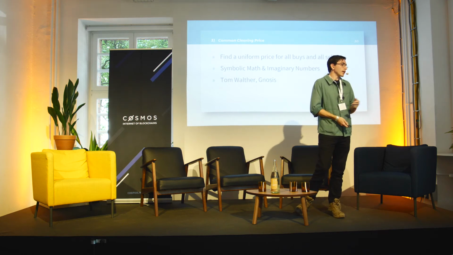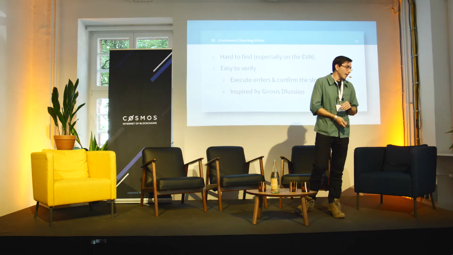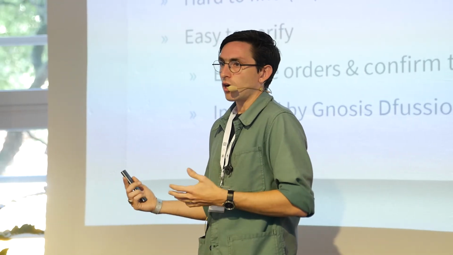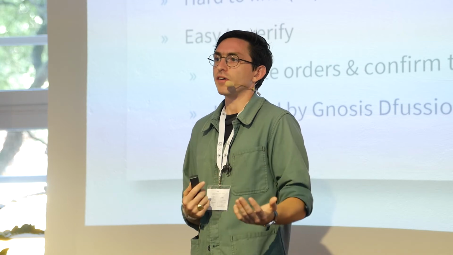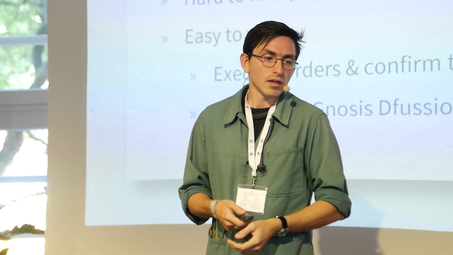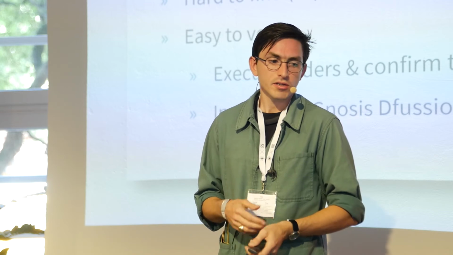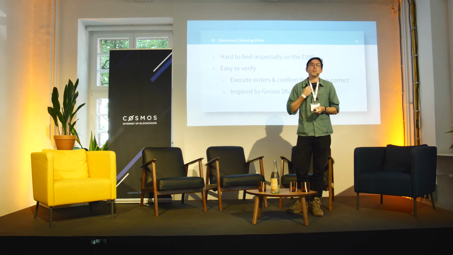But if you do want that, the way you would do it is by skipping over all this complicated math and just knowing that it's hard to find, but it's possible, especially off-chain. So what you can do instead is make it easy to verify on-chain. This is again a page out of Gnosis' book from the way they're handling diffusion, their current exchange, which has very complicated computation, but it's relatively easy to verify it on-chain.